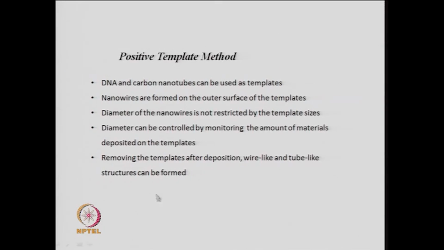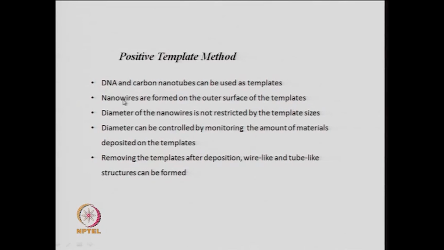So, in this case, what are the templates? Very commonly, carbon nanotubes have been used as templates. So, other materials have been grown on carbon nanotubes. People have also used DNA, the biopolymer, as all of you know, the molecule of life, and people have used DNA as a template to make other materials.